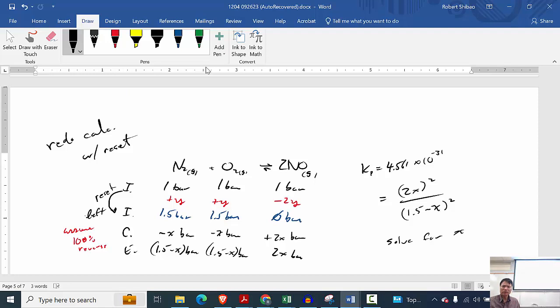All right, so let's go ahead and solve for x now. So what I'm going to do is take the square root of both sides. Probably be the easiest thing. The math on this one's not too bad. Oops. Try that again. 4.561 times 10 to the minus 31, take the square root of that.